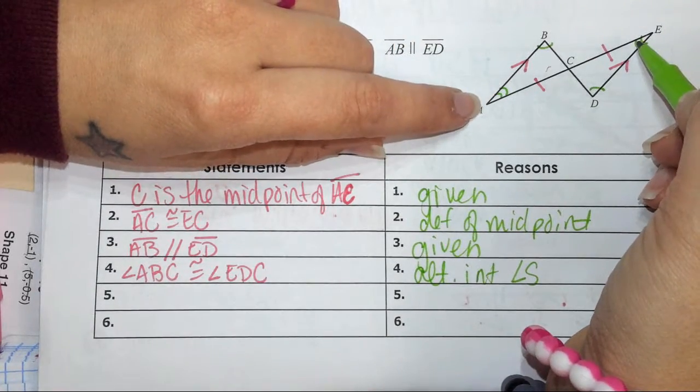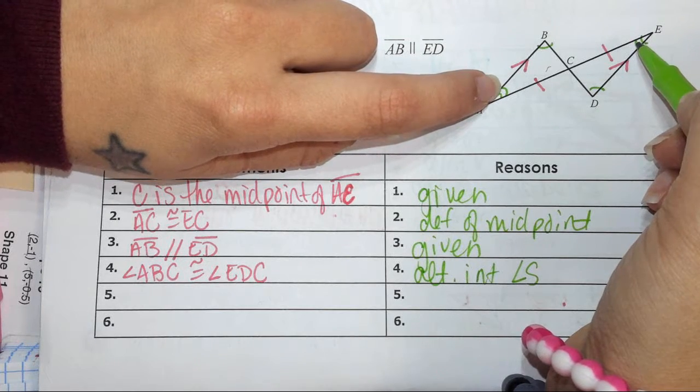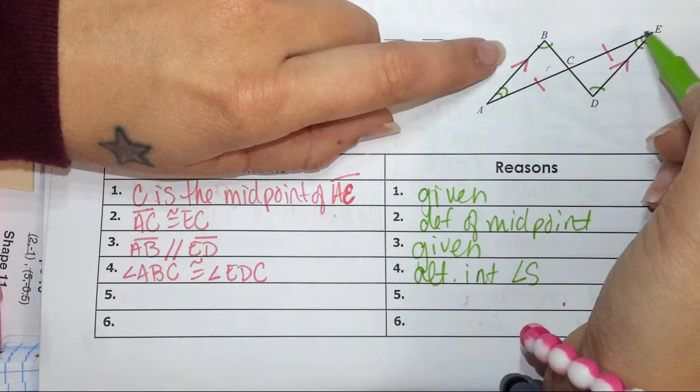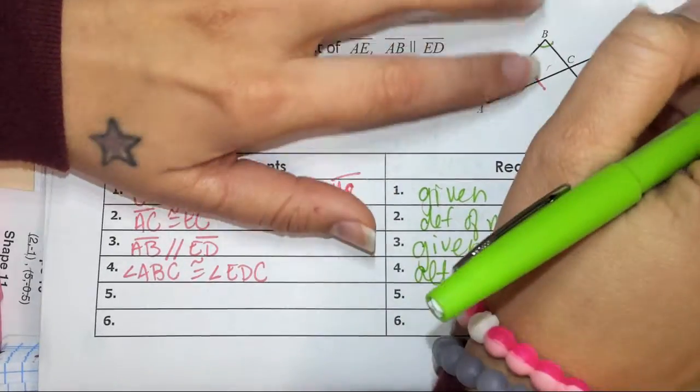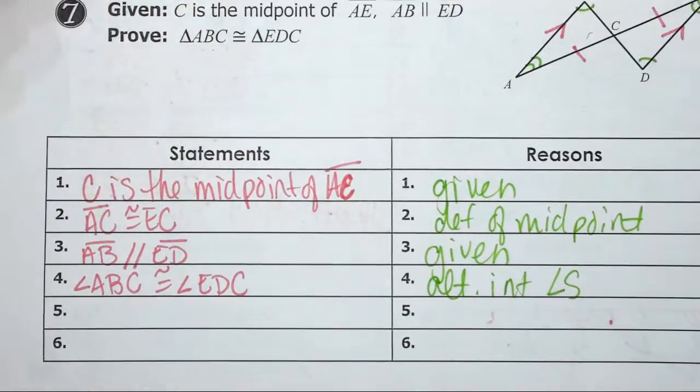Does everybody see why those 2 are congruent? Now, why would those 2 angles be congruent? They're alternate interior angles, because they're on opposite sides of this transversal and inside the parallel lines. Now, is there another angle that we know without a shadow of a doubt is congruent?